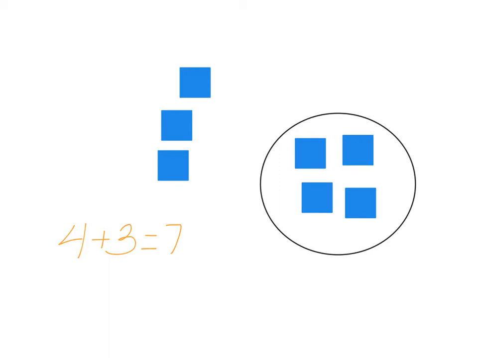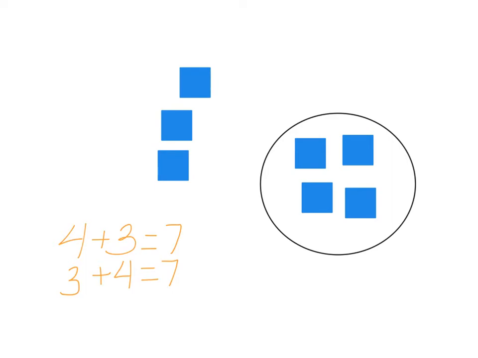Likewise, it could be the inverse. We could start with the tiles outside of the circle, which is 3, plus the tiles that are inside of the circle, which are 4, and that is still going to be 7 altogether.